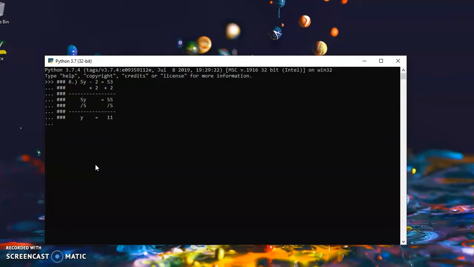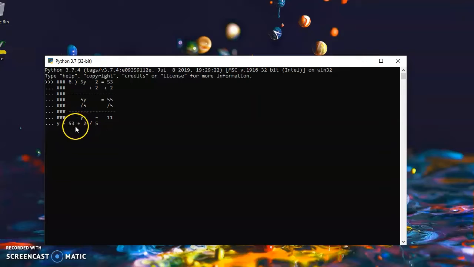But to write this out, I'm actually going to write those steps. So we have y equals, well, the first thing we did is add 2. We started with 53, so y is equal to 53, and to that we added 2, and then we divided by 5. Again, order of operations is important.